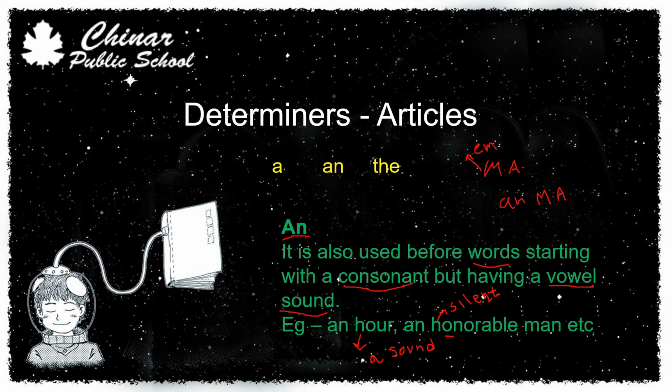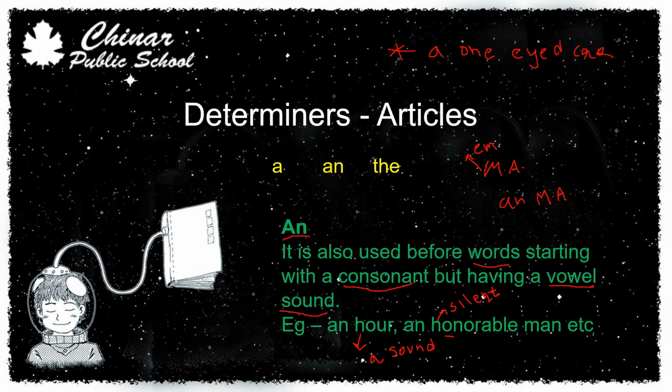Now, continuing with this sounds, when we were doing a article, words which are starting with a vowel but having a consonant sound are used with article A. For example, a university.